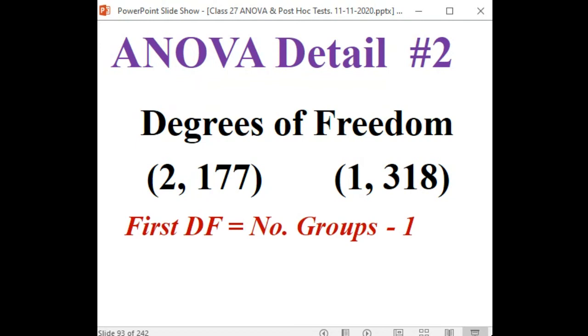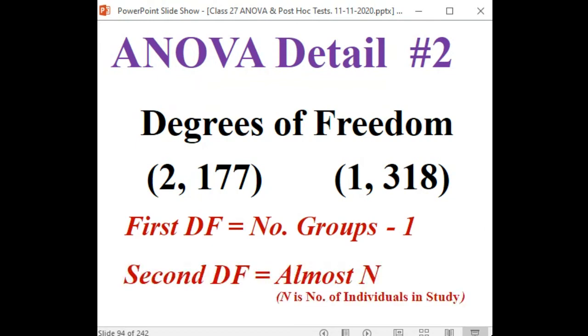We just add 1 to the first degree of freedom, and that tells us the number of groups. The second degree of freedom is almost equal to n. So we can use it to estimate the total number of individuals in the study. We may not be sure of the exact n, but we can come very close.